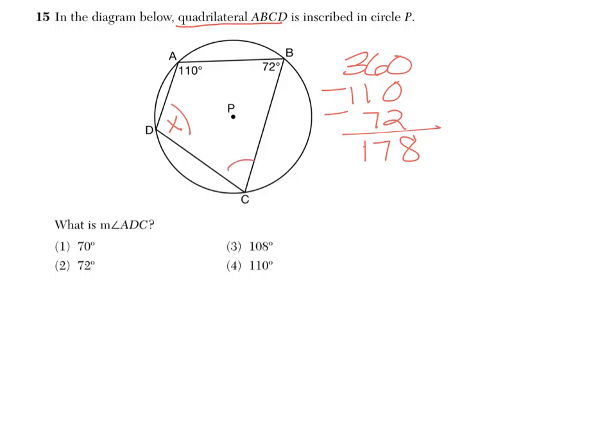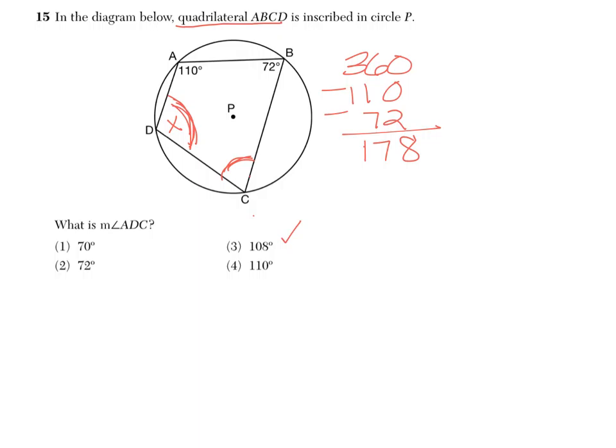And as you can see, this angle is more acute than this one here. It can't be 72 degrees because we don't know if these two legs, AB or DC, are equal, and it doesn't look like they are. So this one looks like it's obtuse, so it could either be 108 or 110.